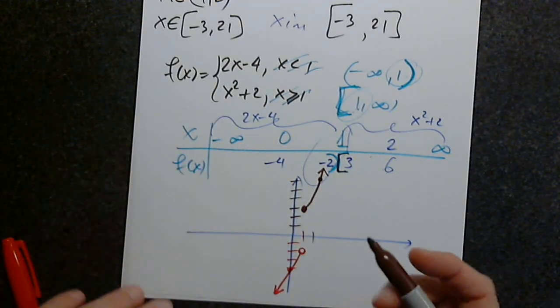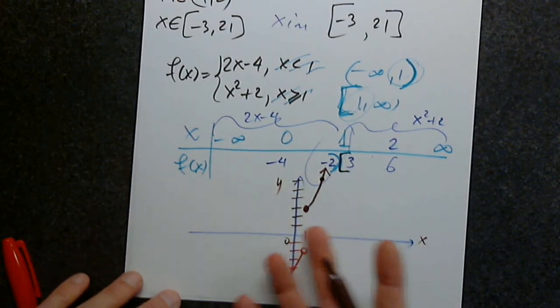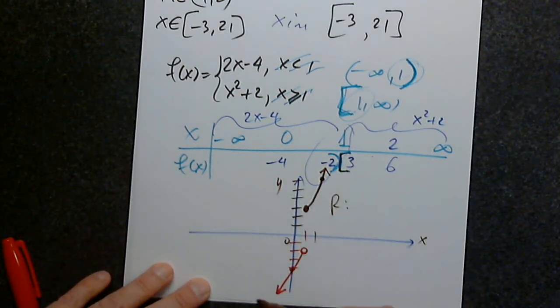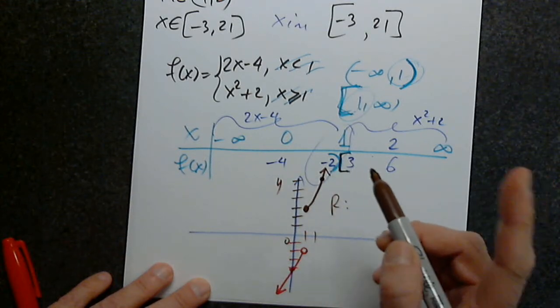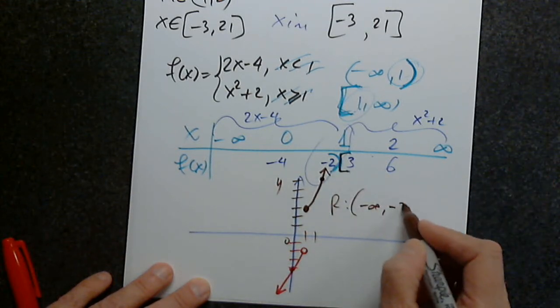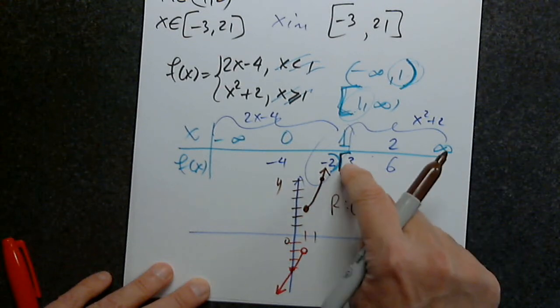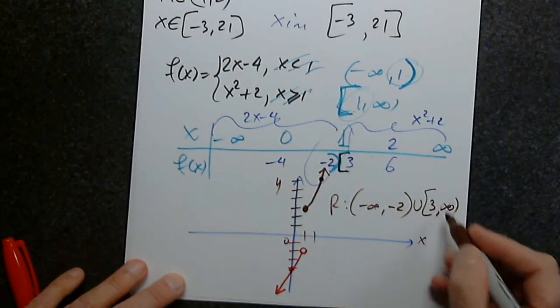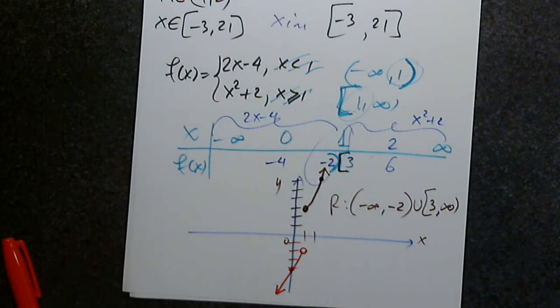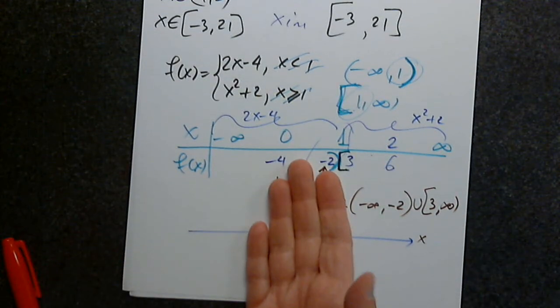And now I can identify the range, which, by the way, is not really friendly. It goes from -infinity to -2, and then from 3 to infinity. So -infinity, -2 with a parenthesis, union 3 to infinity. I don't really need the graph for the range.